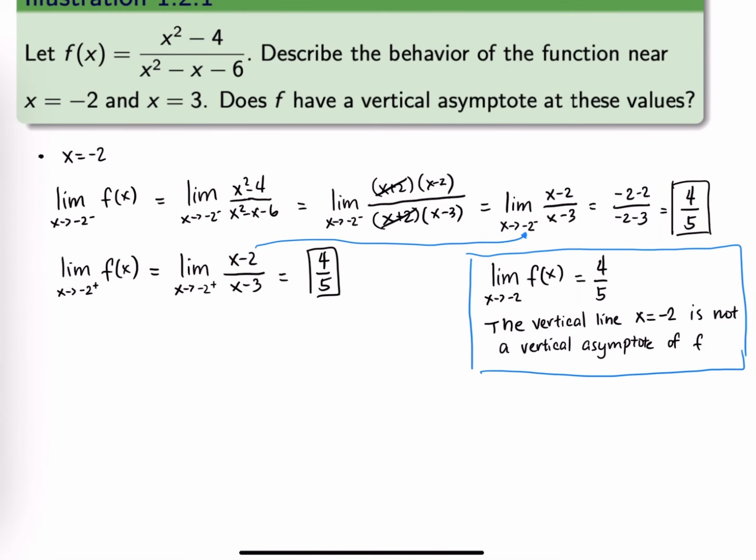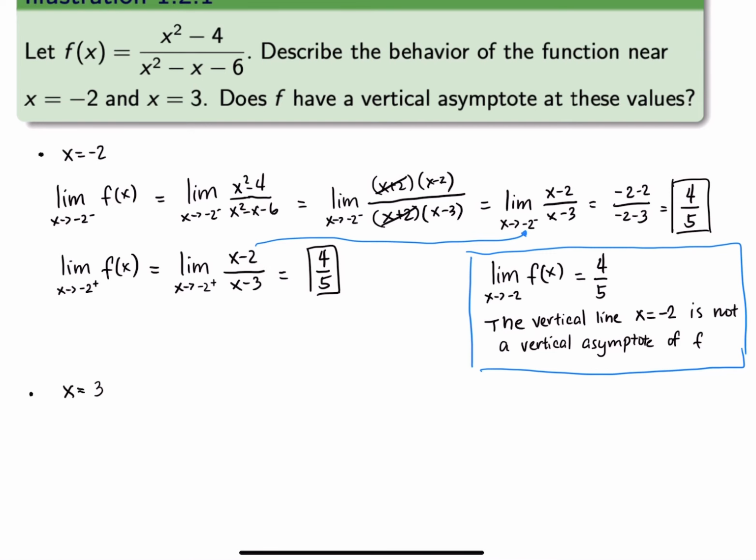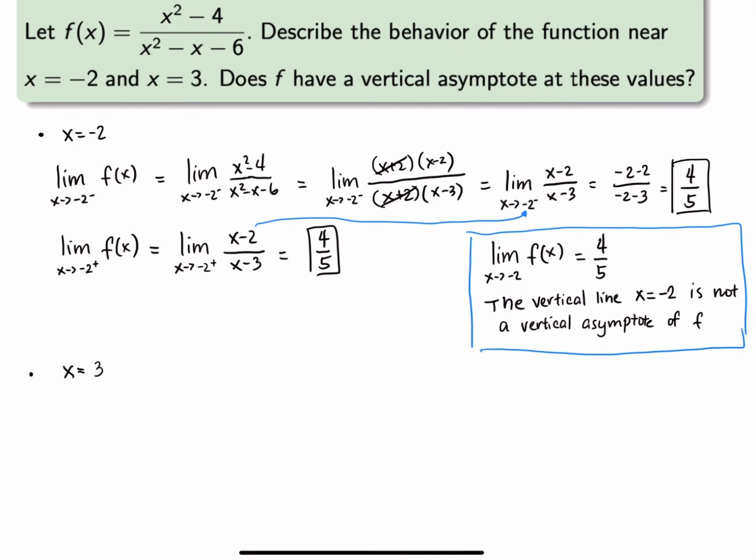So next, we need to, again, describe the behavior of the function near x equals 3. So similar to what we did for x equals negative 2, we need to determine the limit of f of x as it approaches 3 from the left and from the right.